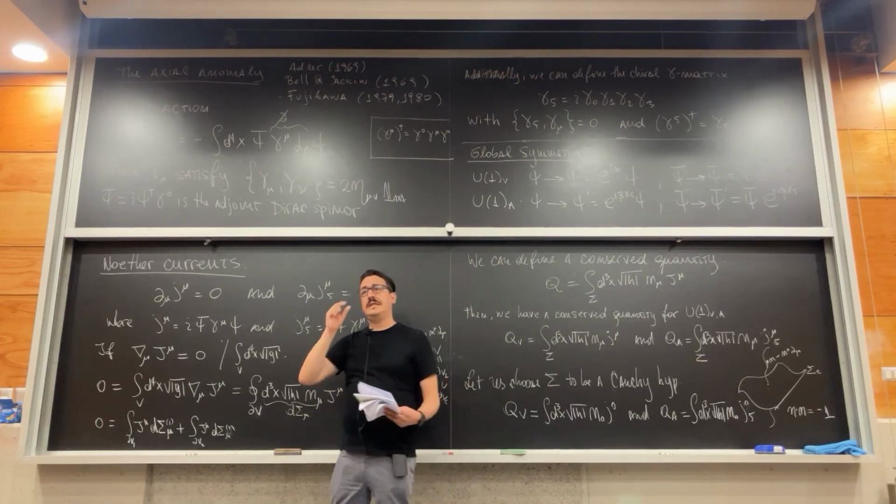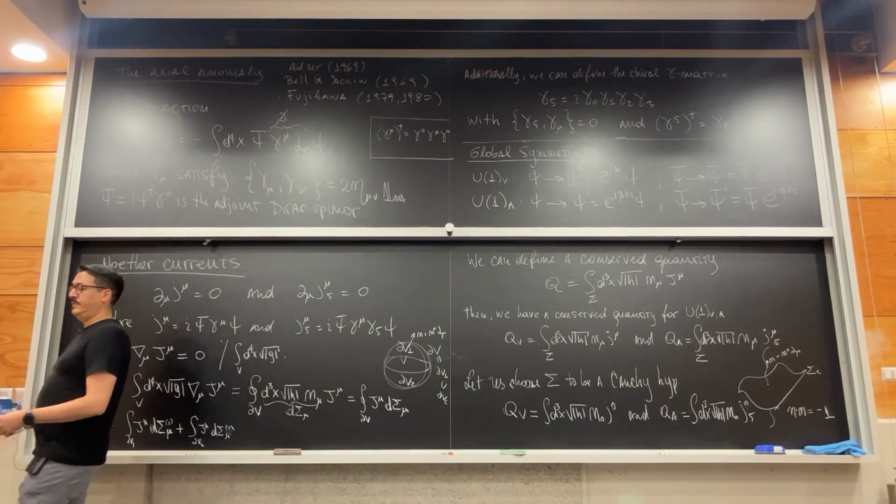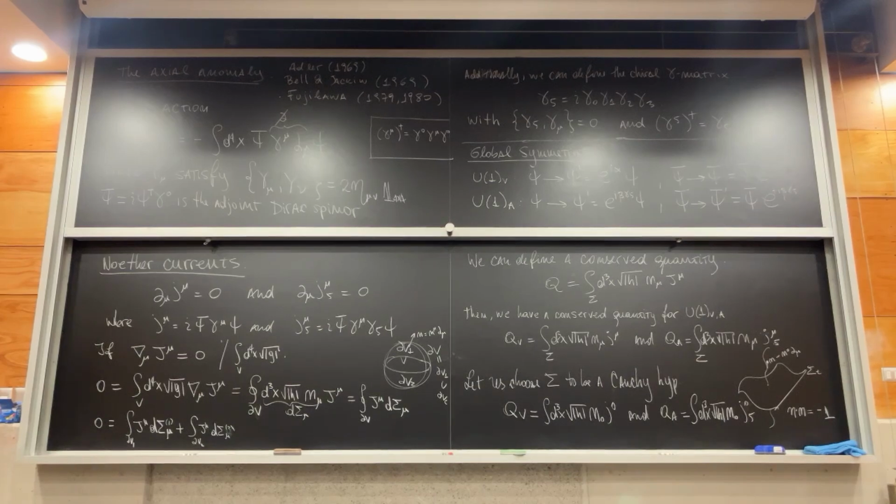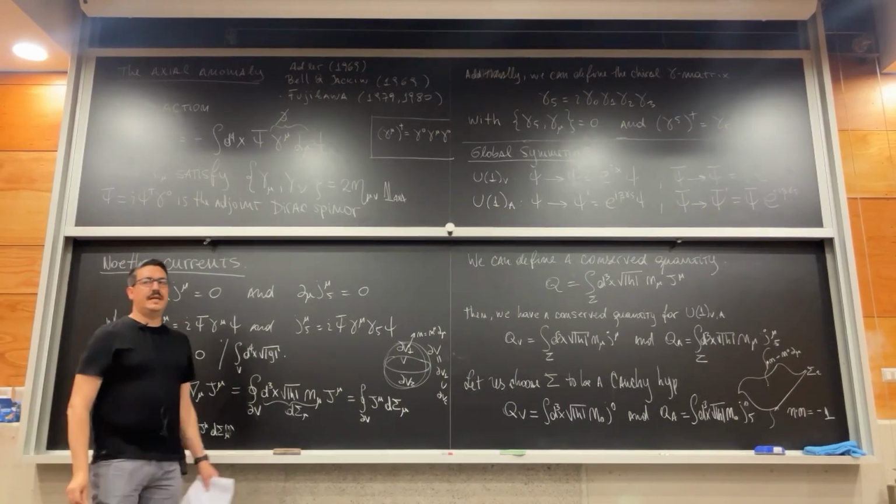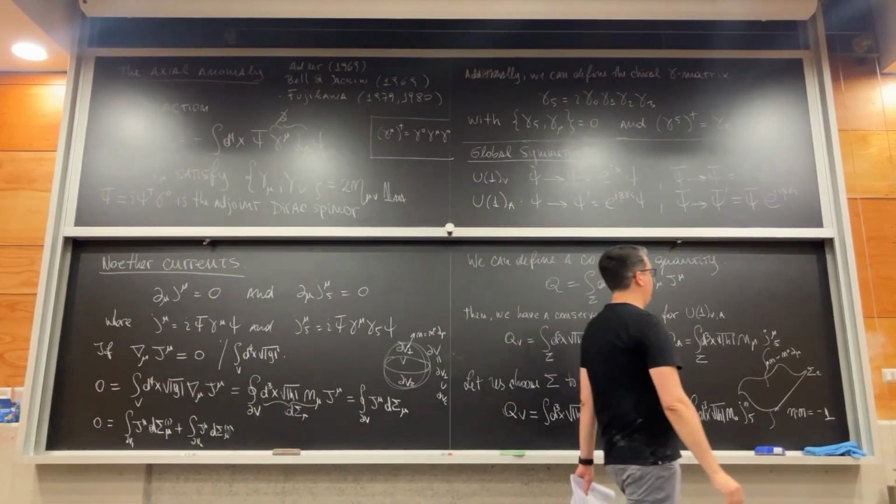Any other question? The conserved quantity, if it's the same at the two Cauchy surfaces, that means that the conserved quantity is the same in whichever. Yes, exactly. Excellent point.